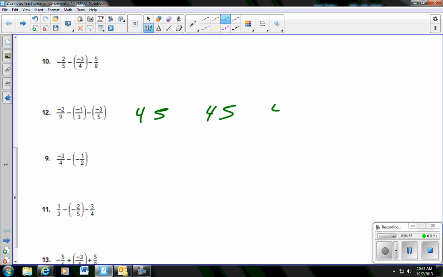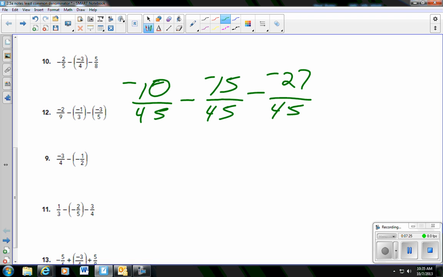So you see if you got that right using the methods we just spoke about. 9 times 5 is 45, 2 times 5 is 10, and subtracting, 3 times 15 is 45, 1 times 15 is negative 15, minus, and 5 times 9 is 45, 3 times 9 is 27, and it's negative as well. So there's what your new fraction should be there.